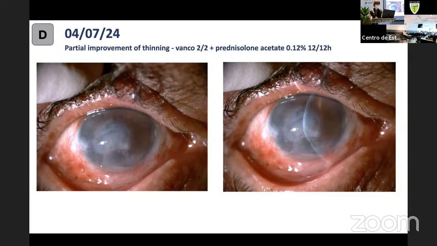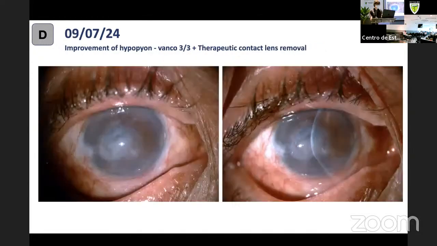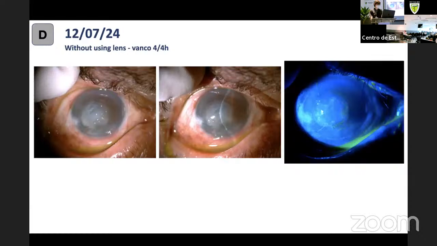I will show more photos. So this is the next photo. We can see important improvements of the hypopion. So we did the vanco 3 by 3 hours, and we removed the therapeutic contact lens. This is the last photo. He is without using a lens, and we put the vanco 4 by 4 hours.